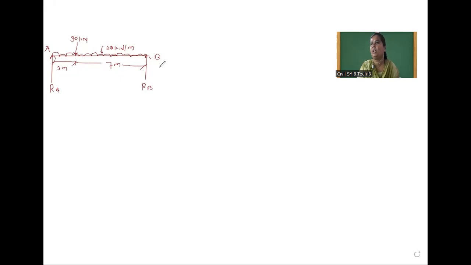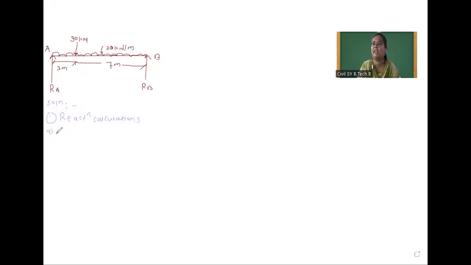Here one simply supported beam is given. On that beam, one point load acts at 3 meter from point A, and one uniformly distributed load is applied throughout the span. For this, first we have to calculate reactions. Whenever we calculate reactions, there will be two parts.